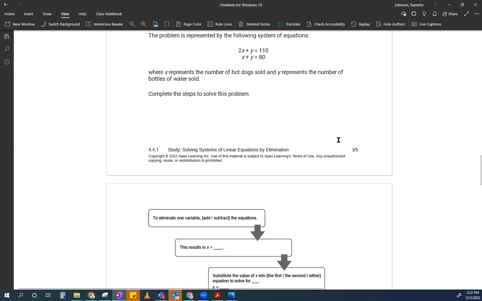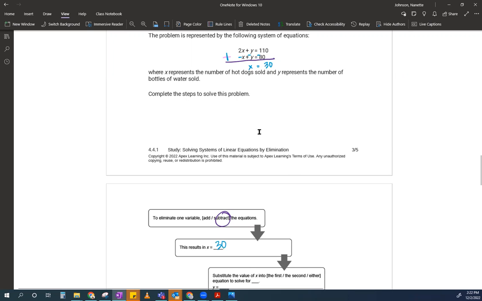Hold on. Okay. Now I'm going to add these equations together or combine them. 110 and negative 80 combine to be 30. Y minus y is 0. 2x minus x is x. So x equals 30.